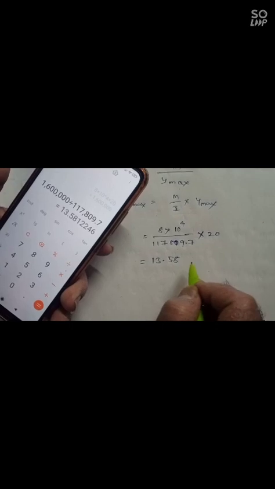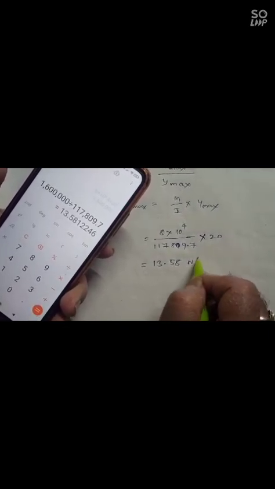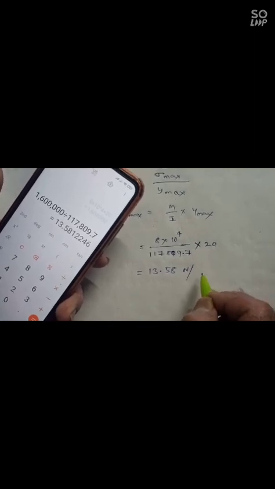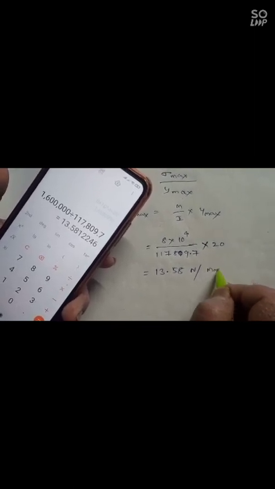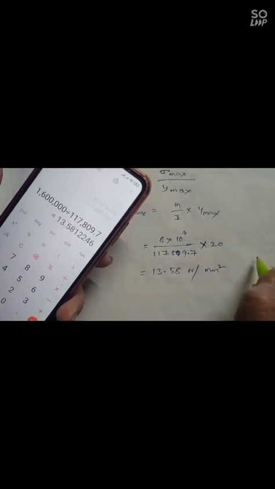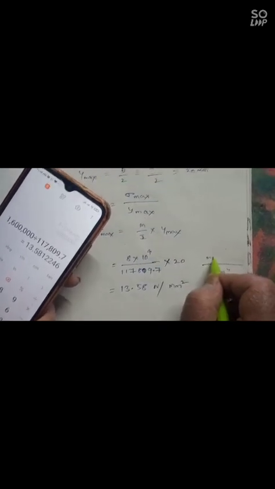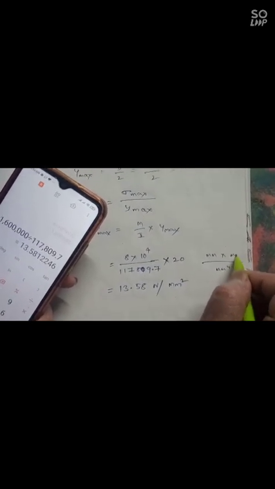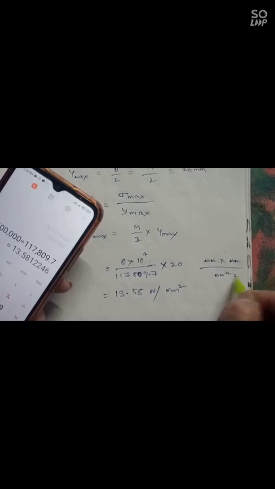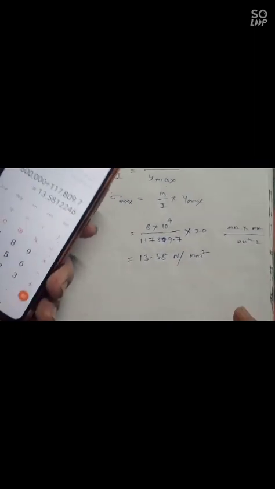So that is 13.58 newtons per mm square. So this is in mm to the power of 4, and this is mm, and this is mm. So mm square, newtons per mm square.